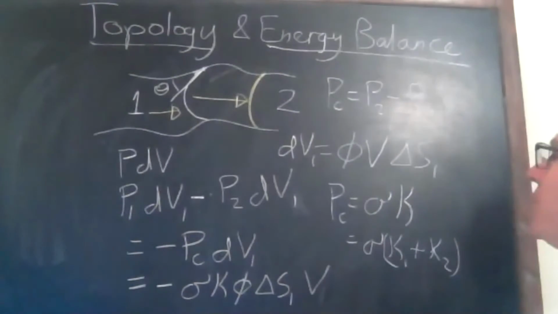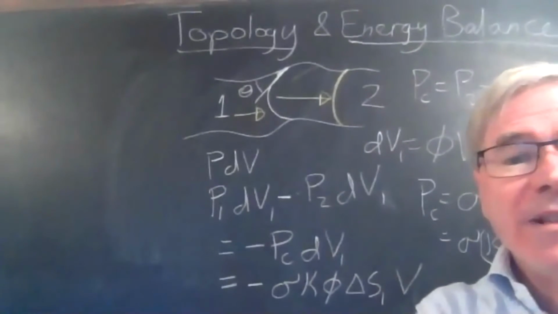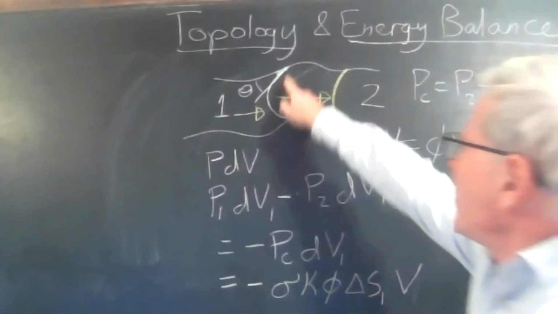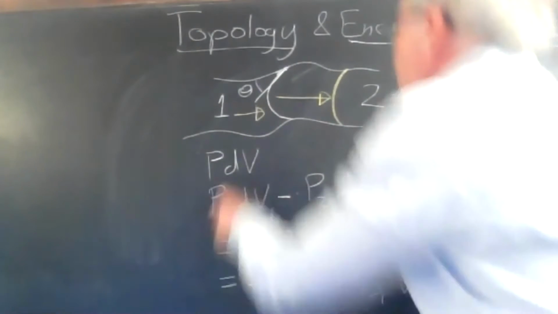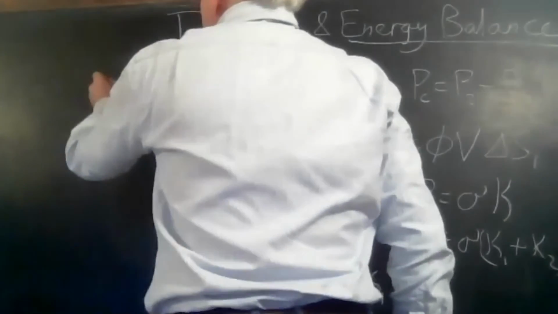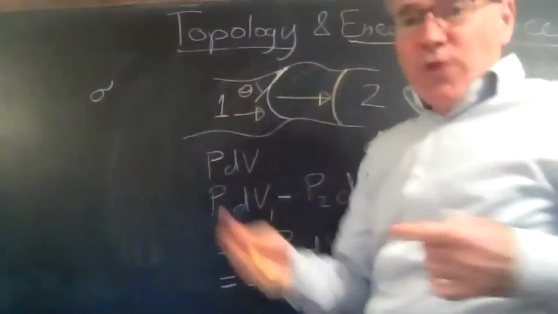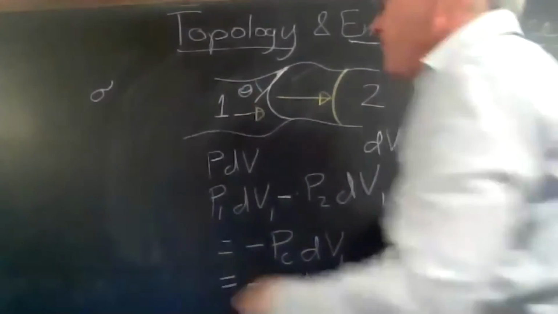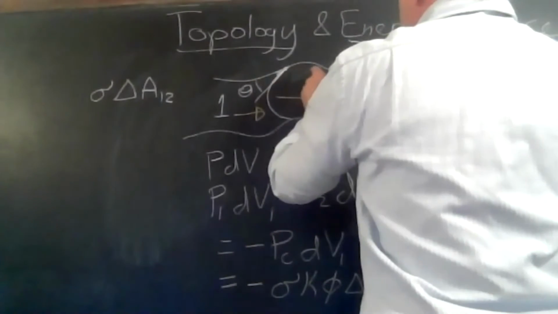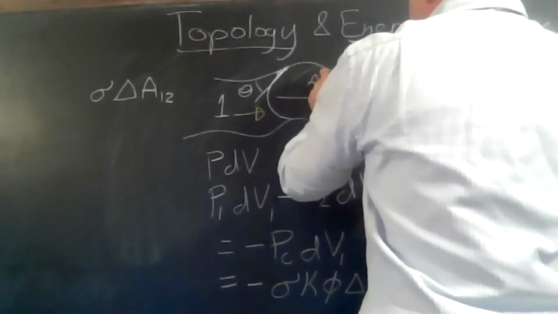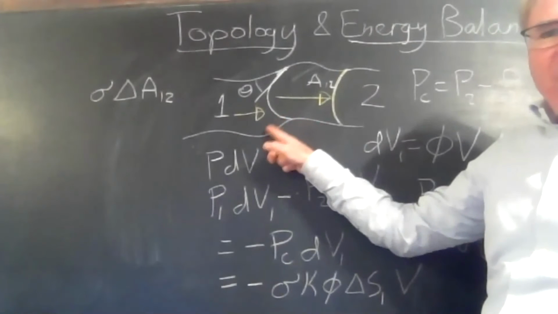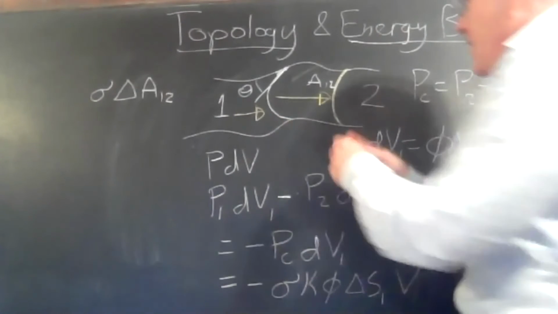So let's look at that, and maybe let's use this part of the board. What's the change in interfacial energy? Well, we've got an interface between the two phases, so there's going to be a change in interfacial area, which is going to be the interfacial tension, which is really just energy per unit area, times the change in the area between the two phases. So this area A12 is the area of the meniscus. But there's also phase 1 here, which has replaced phase 2, and here we've got the solid.